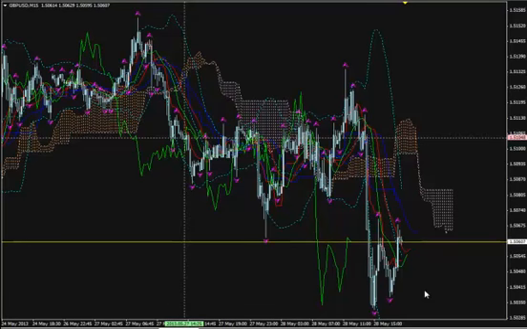superimposed Bollinger Bands, alligator, the three lines, fractals, the arrows, and Ichimoku Kinko-hyo.